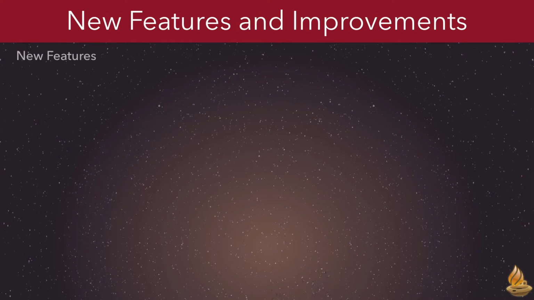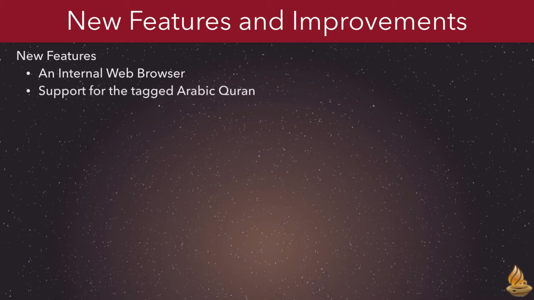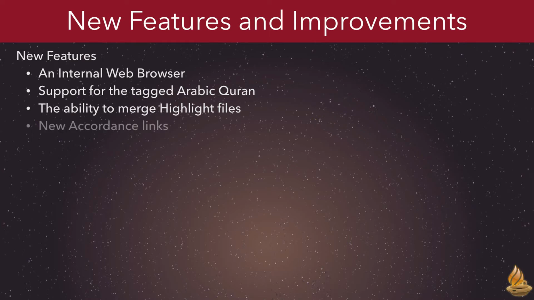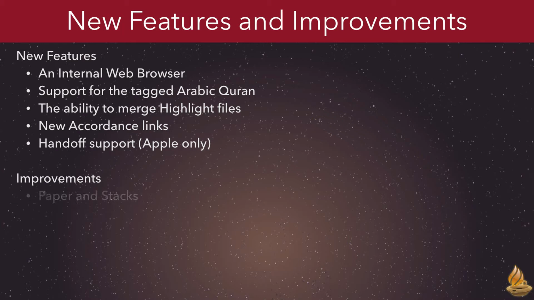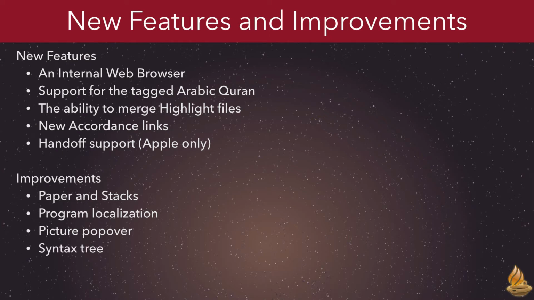Under the category of new features, we have a new internal web browser, support for the tagged Arabic Quran, the ability to merge highlight files, new Accordance links, and support for Apple's Handoff. 12.2 also improves some existing features, like Paper and Stacks, program localization, the picture popover, the syntax tree, ETCBC searching, and the info pane. Let's take a quick look at each of them.